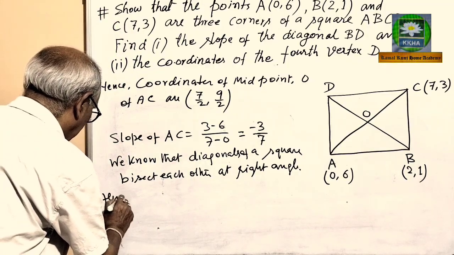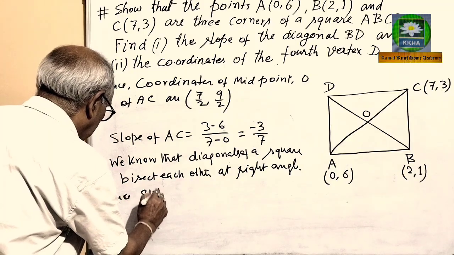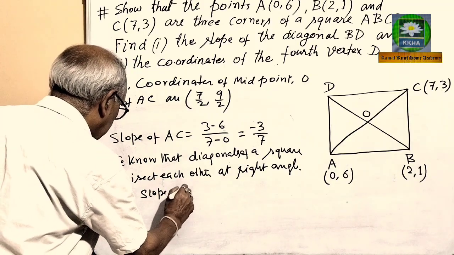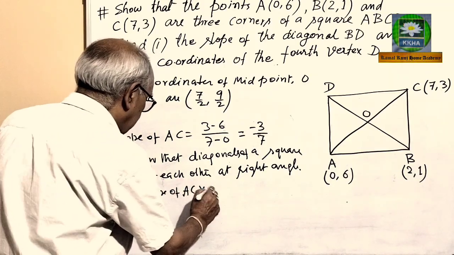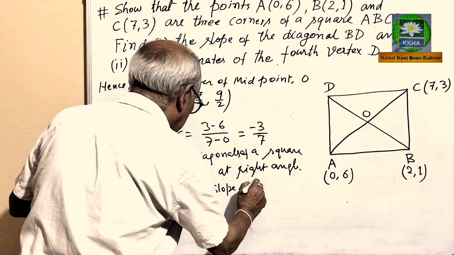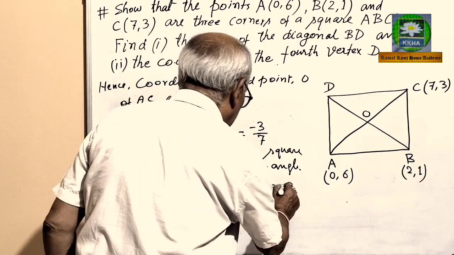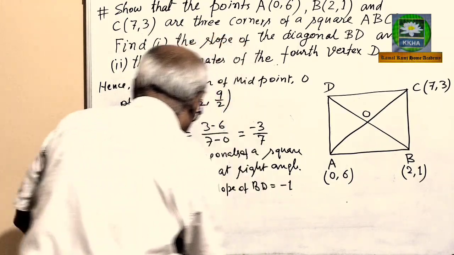Hence, slope of AC multiplied by slope of BD is equal to -1.